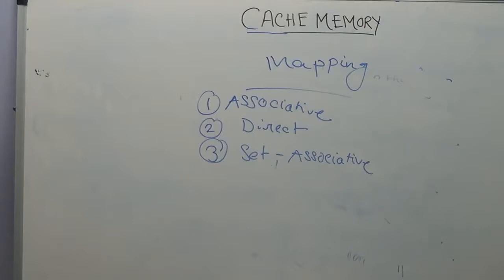If k data tag pairs are stored in the cache memory, then it is called k-way set associative. Suppose under the same index address there are two data tag pairs, then it is called 2-way set associative. If there are 4 data tag pairs, then it is called 4-way set associative. If there are 8 data tag pairs, then it is called 8-way set associative.